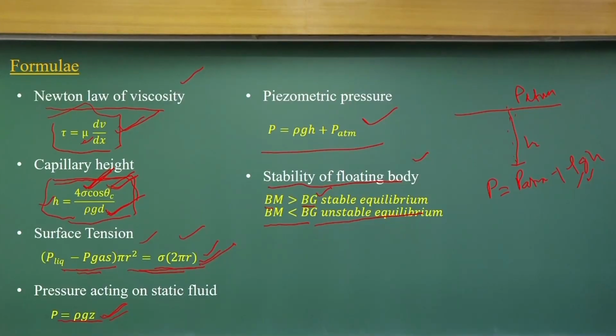If z is the total depth of the fluid, rho is the density and g is the acceleration due to gravity, the weight will be rho g z times the area. Dividing by the area, I get the pressure, the weight per unit area, simply P equal to rho g z.